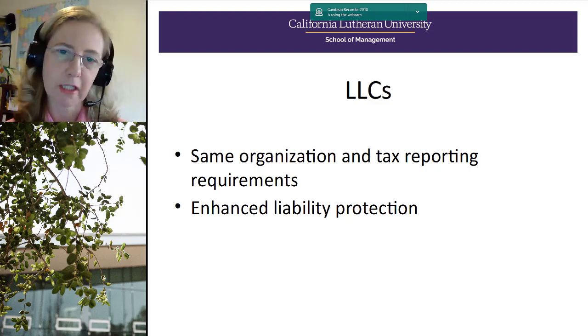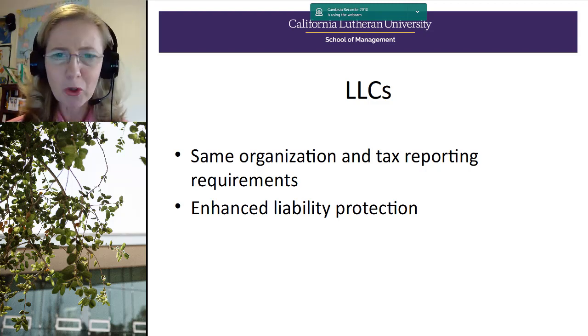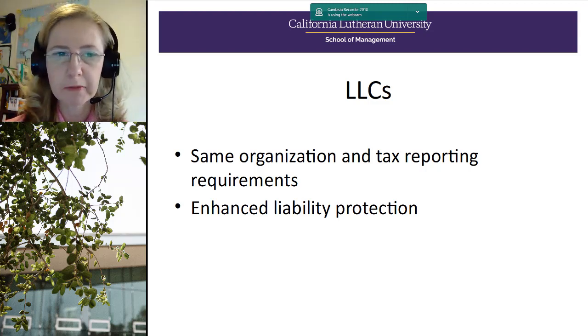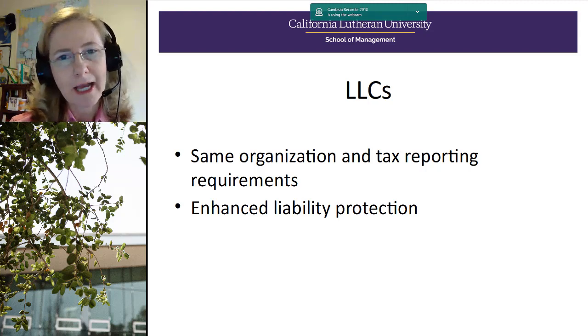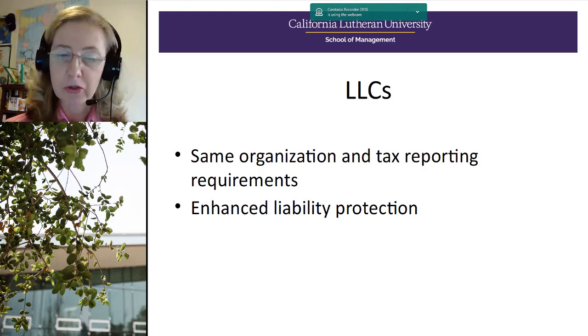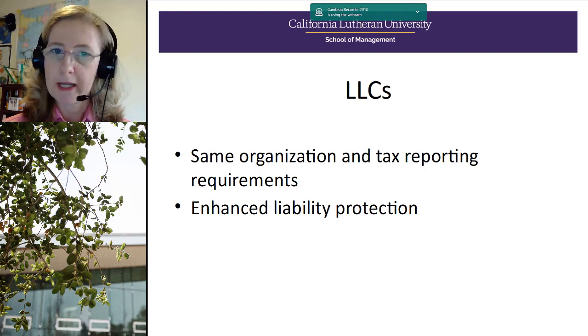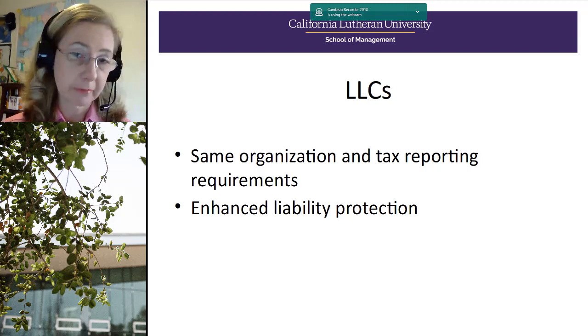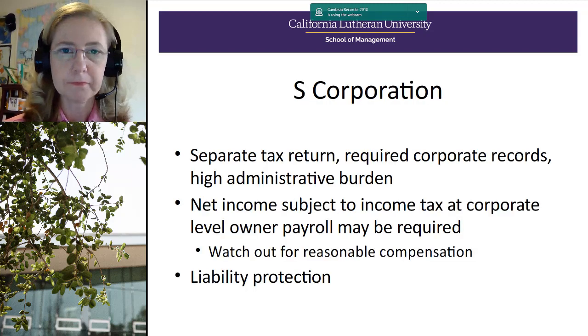We say member instead of partner, but more or less that administrative burden is approximately the same. And the LLC's advantage over the partnership is there's a little bit more liability protection over the general partnership and even limited partnership.